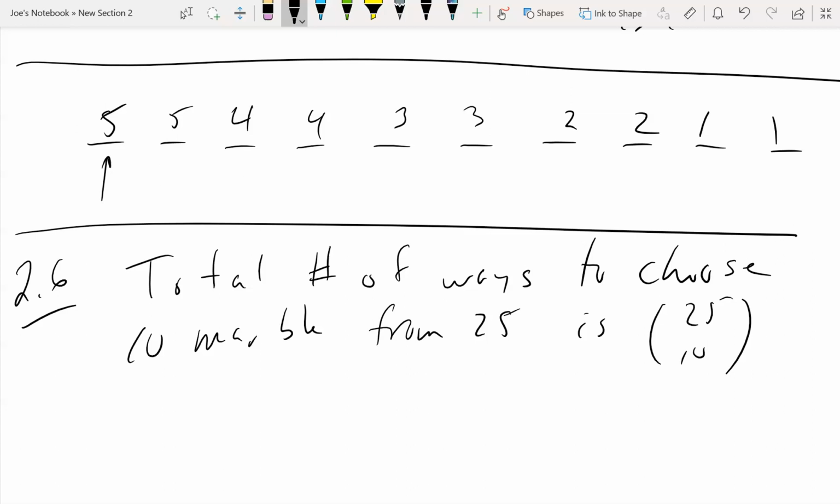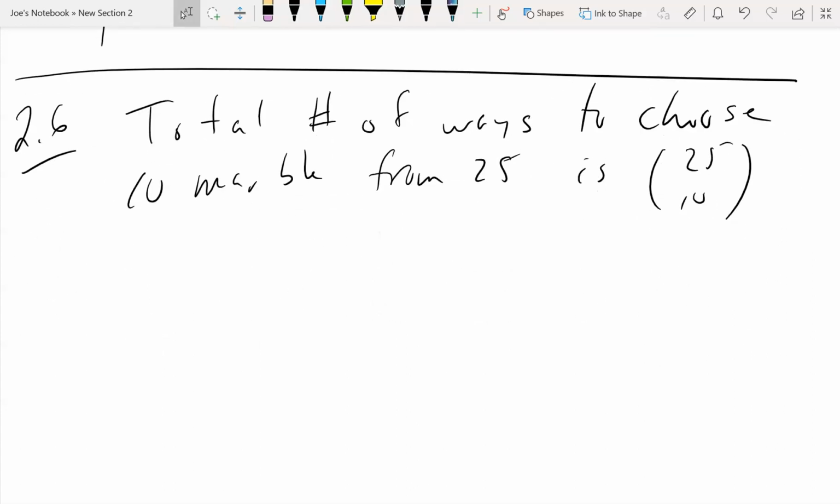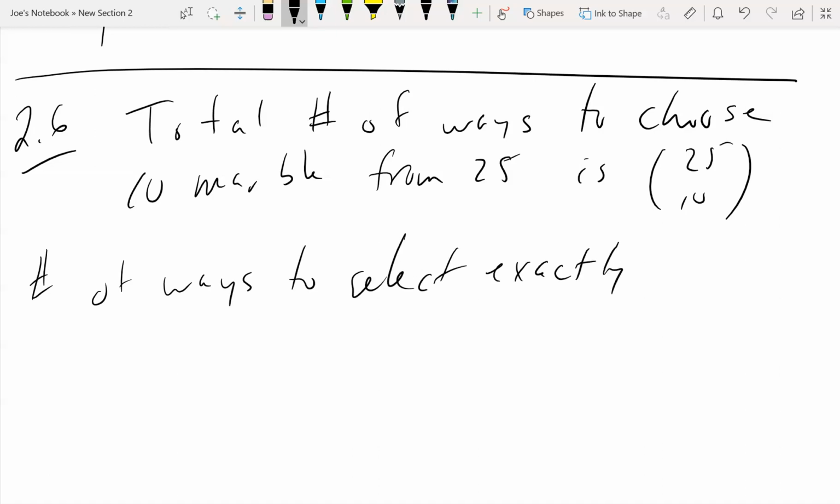So before we think about the formula, let's think about a specific example and see if we can generate the formula. Because this particular formula is going to be one that we're going to see later on in the semester called the hypergeometric distribution. So let's see where this formula comes from. So let's go back to my specific example and say we wanted the number of ways to select exactly 3 white marbles.